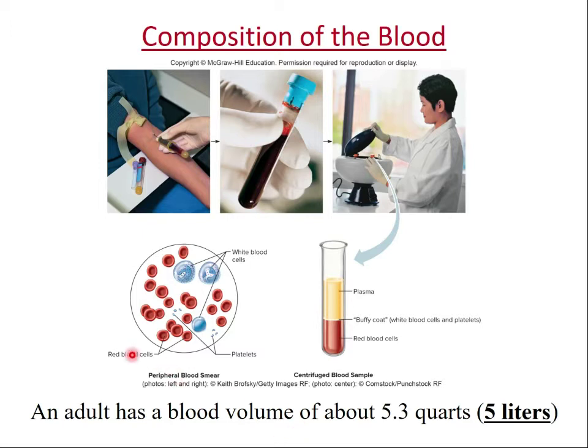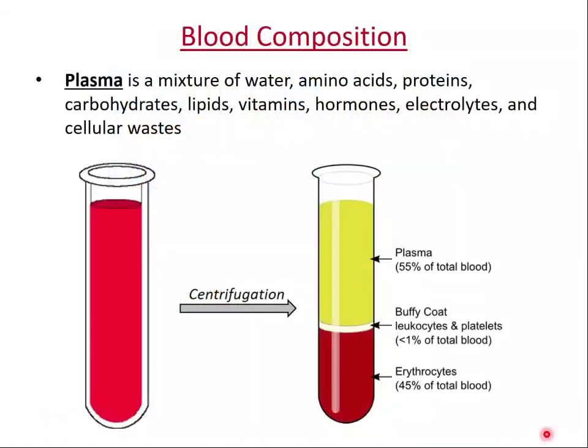An adult blood volume is about 5 liters. As you can see, it's not a lot of blood, but that is the blood that circulates throughout our body and helps maintain a stable inner environment. Again, blood composition: we have the plasma and the blood cells.